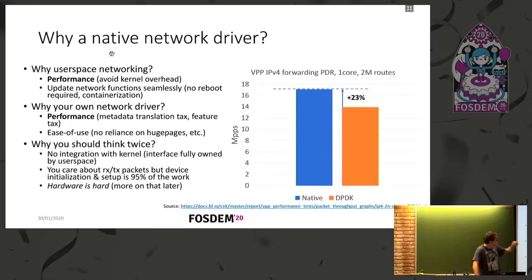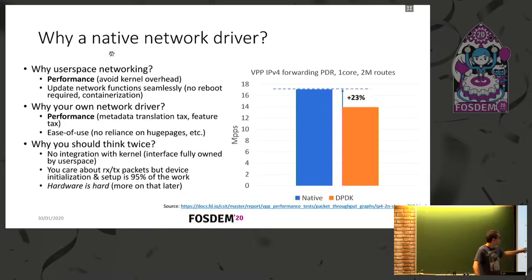And so you have an example here for the Intel XL710. The DPDK driver for the Intel XL710, I'm sure, has the greatest performance you can get, right? But when we integrate it into VPP, because of this metadata translation and so on, we're losing performance on the table. So that's one of the points.